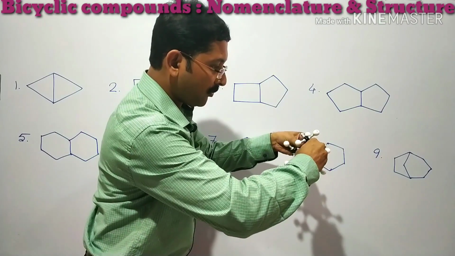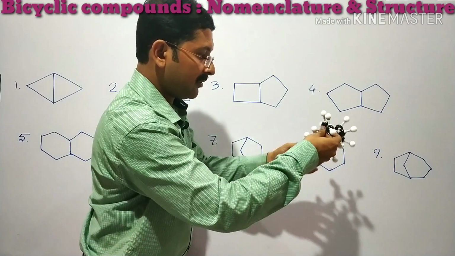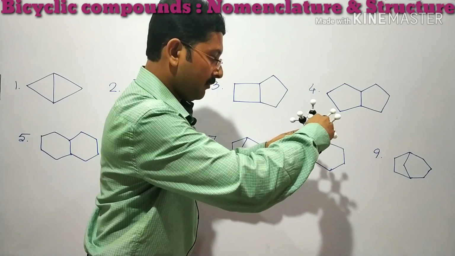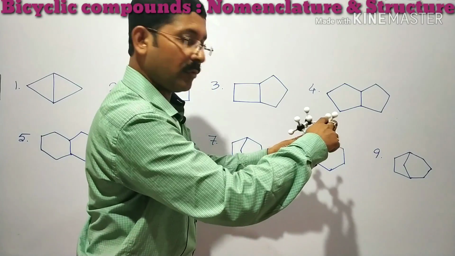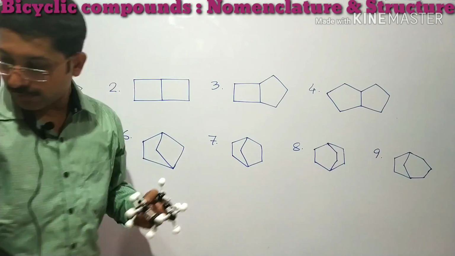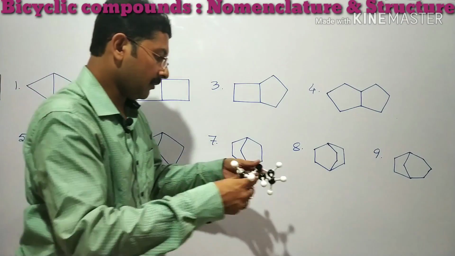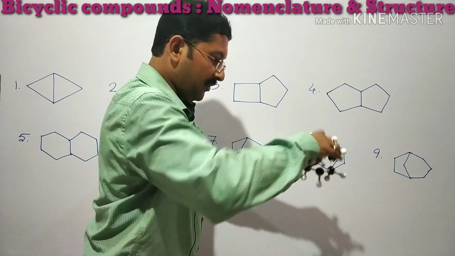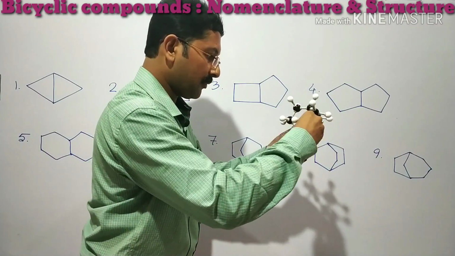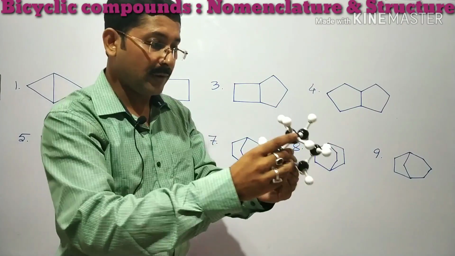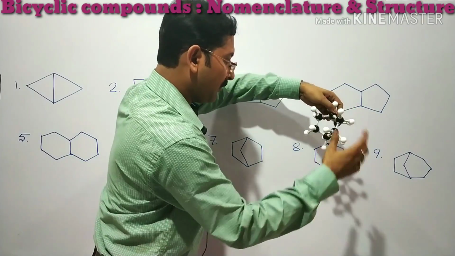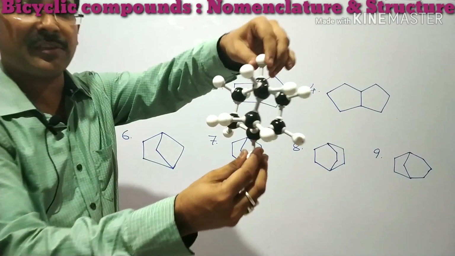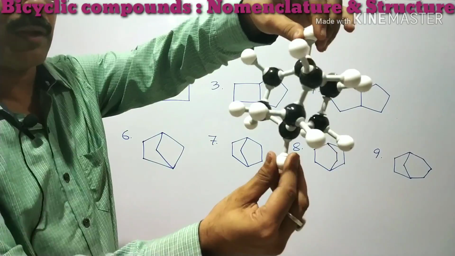Now these 2 carbons are attached by these 2 bridge carbons. So I can make the bridge in this way. These are 2 carbons which make a bridge between these 2 carbons. So this is actually a bicyclic system. This is a bicyclic compound.